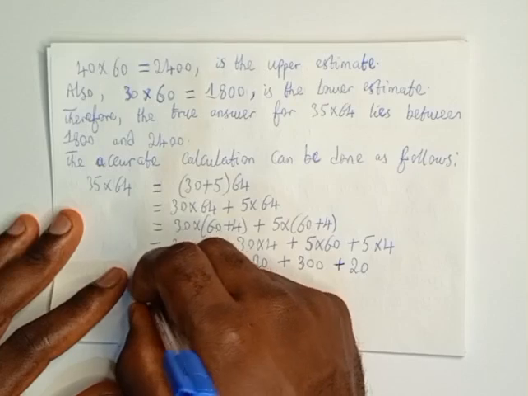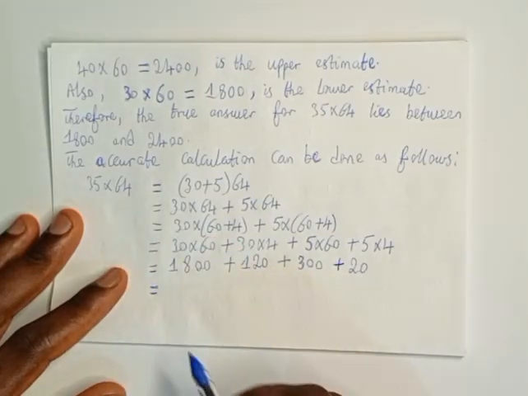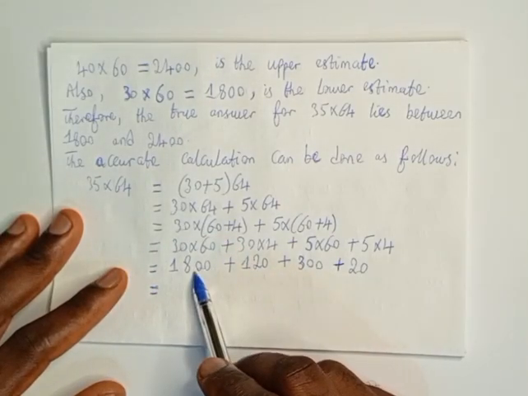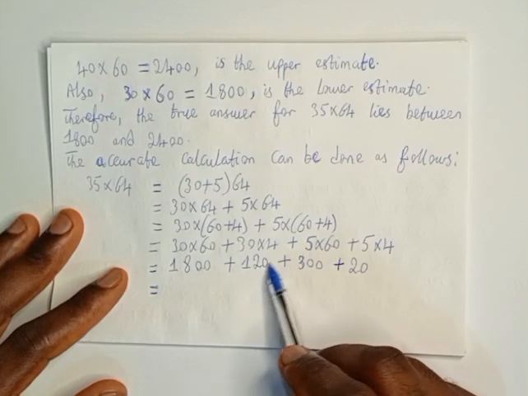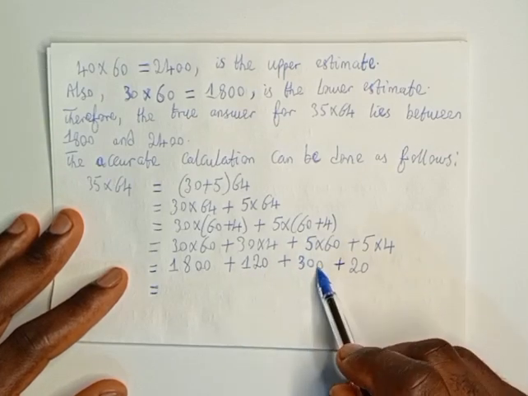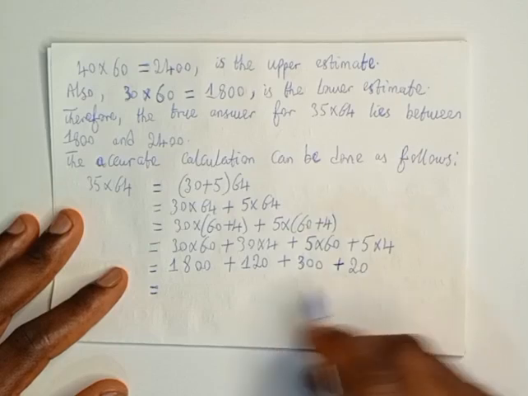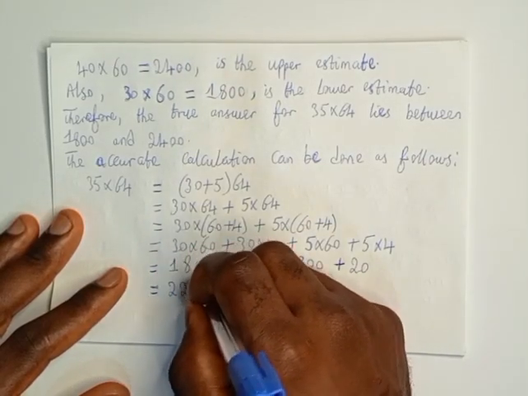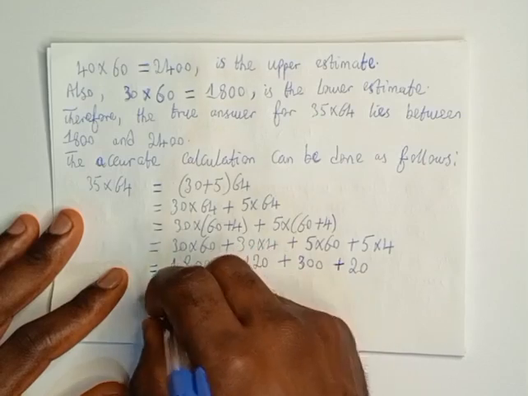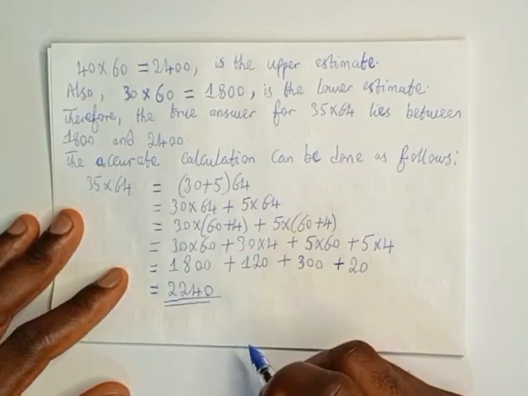And this will simply be equal to, we have to add 1800 plus 120 plus 300 plus 20. It gives us 2240. This is the accurate answer.